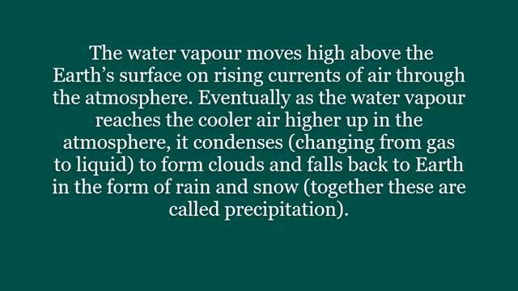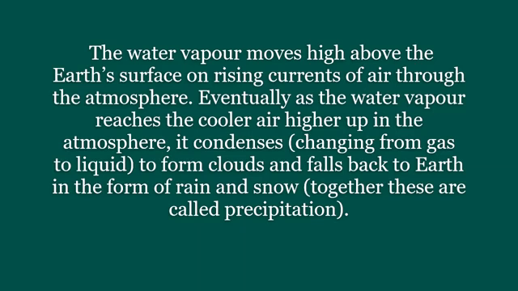The water vapor moves high above the Earth's surface on rising currents of air through the atmosphere. Eventually, as the water vapor reaches the cooler air higher up in the atmosphere, it condenses, means changing from gas to liquid, to form clouds, and falls back to earth in the form of rain and snow.